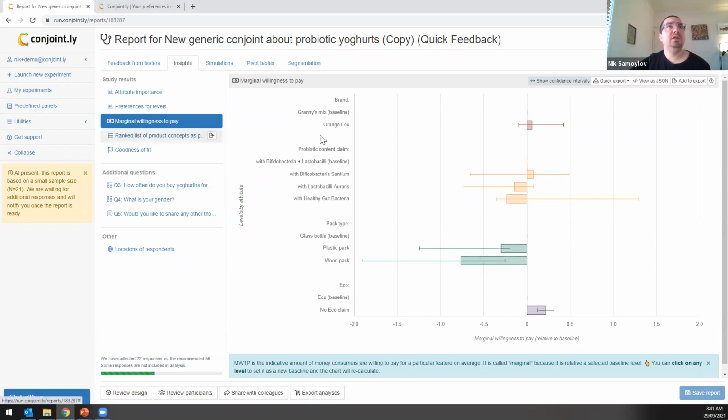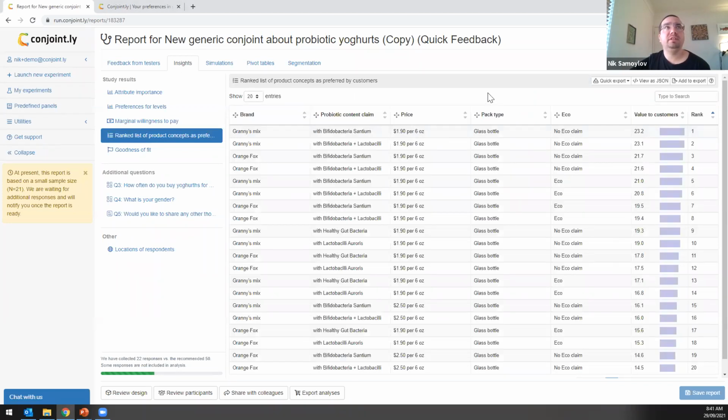Then another output we have is a ranked list of product concepts. So here we can see different combinations of levels, and we can see the value to customers. That is basically calculating if we offer this combination, how does it compare to, for example, this combination?